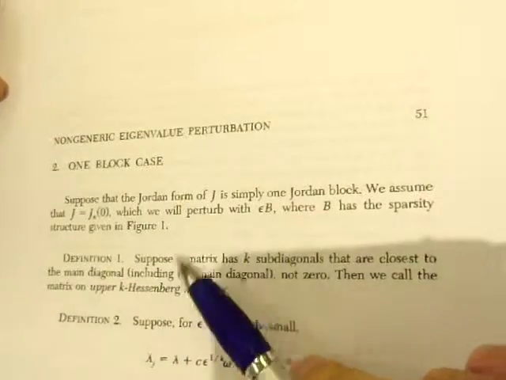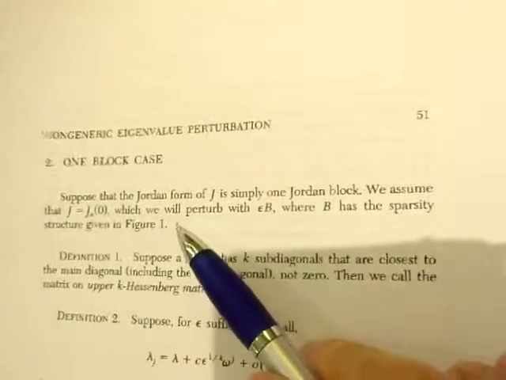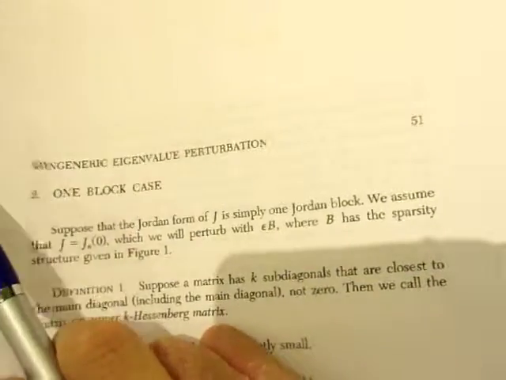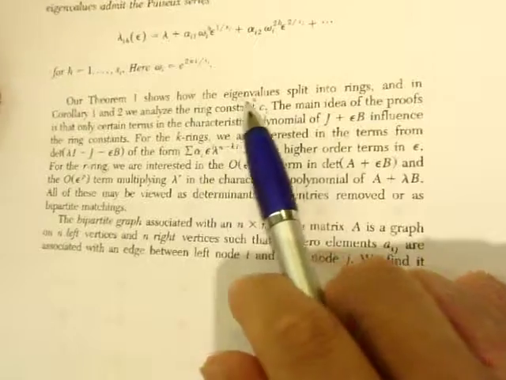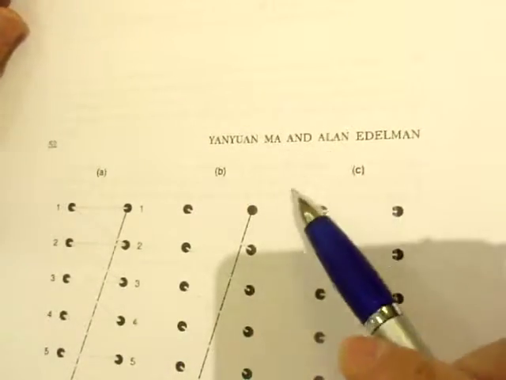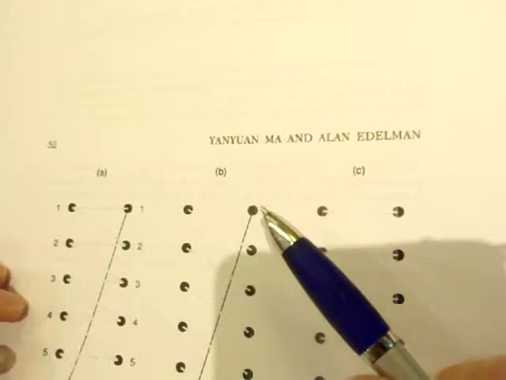Suppose the Jordan form has one Jordan block. Assume that our theorem shows the equivalent.